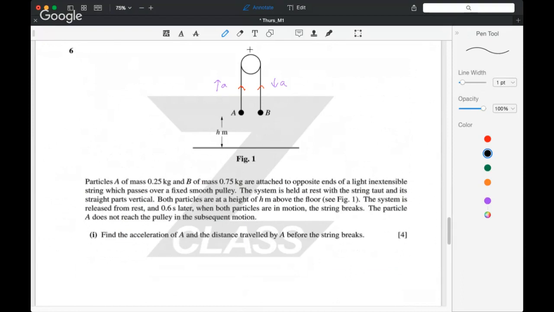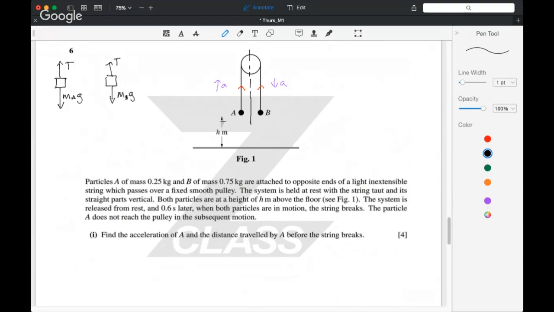So let's split this up into 2 different diagrams. We can think, what is happening to A on its own? Well, it's got mAg acting downwards, and it's got T acting upwards. And we have exactly the same diagram for B, except with mBg.